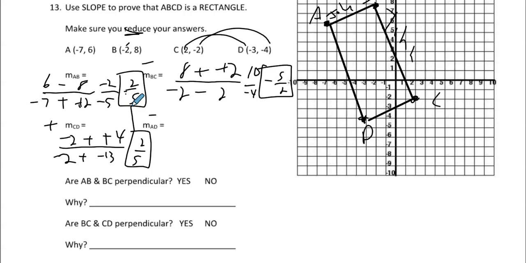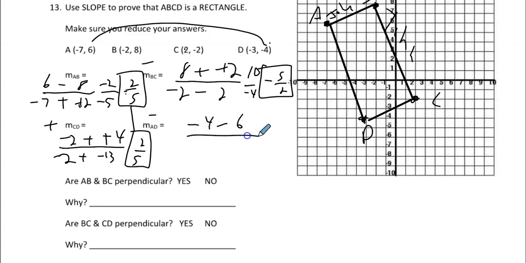And then last but not least, I'm going to do DA. So I'm going to do negative 4 minus 6. And I'm going to do negative 3 minus a negative 7.